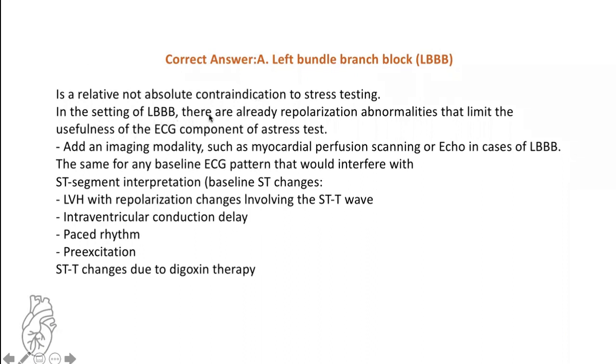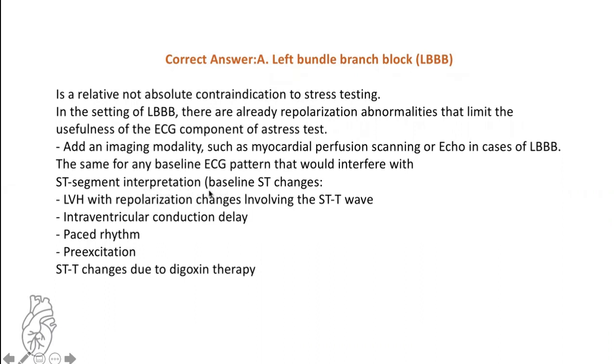In the setting of left bundle branch block, there are already repolarization abnormalities that limit the usefulness of the ECG. Adding imaging modalities like myocardial perfusion scanning or echo in case of left bundle branch block would help in defining whether the patient is having ischemia or not.